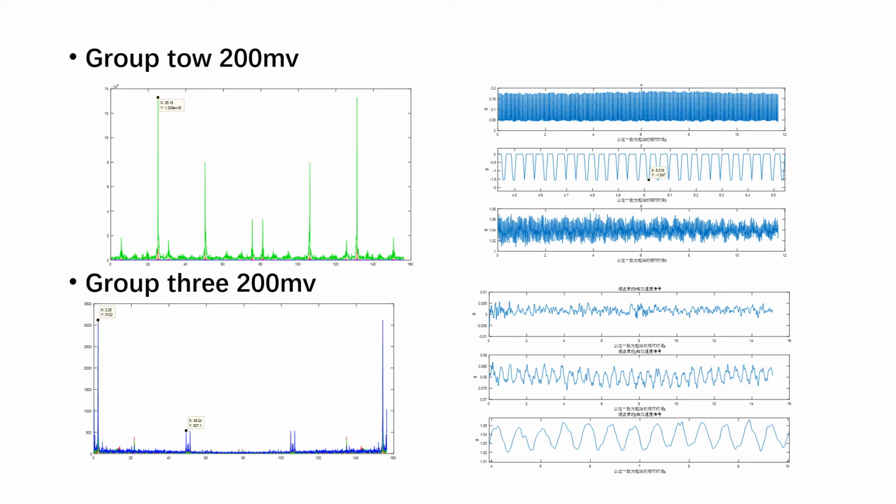We test the signal from the 6-axis accelerometer. We can find the frequency is 25 Hz and the regular signal.